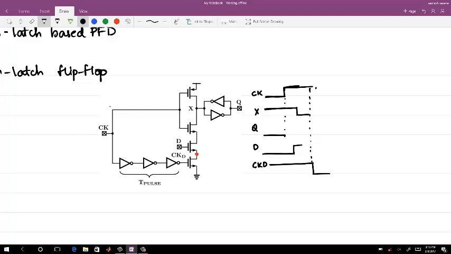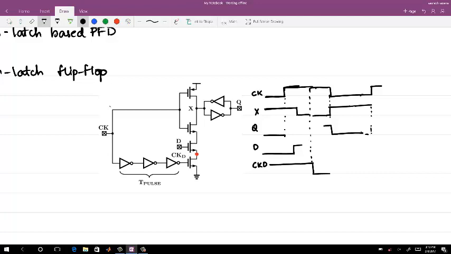When the clock goes low, X is pulled to VDD, no matter what, and X pulled to VDD means Q goes to 0. So during this part of the operation, your output is not valid.